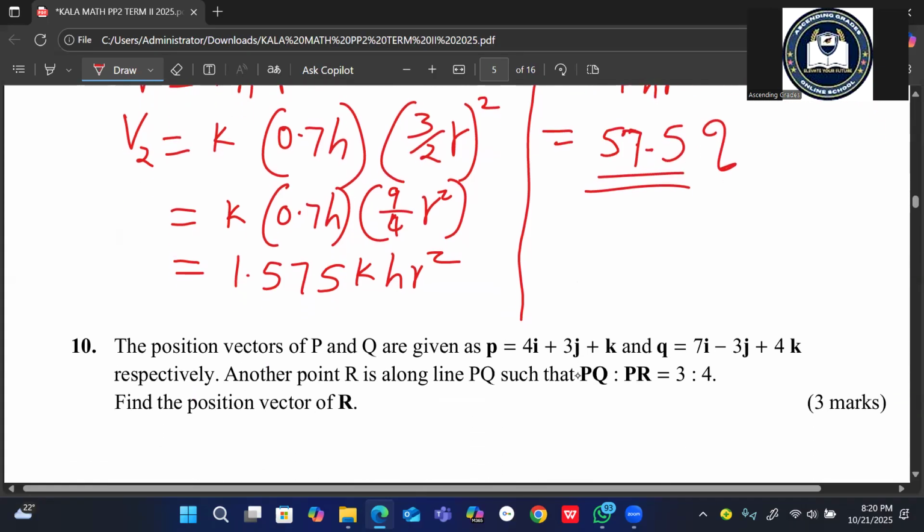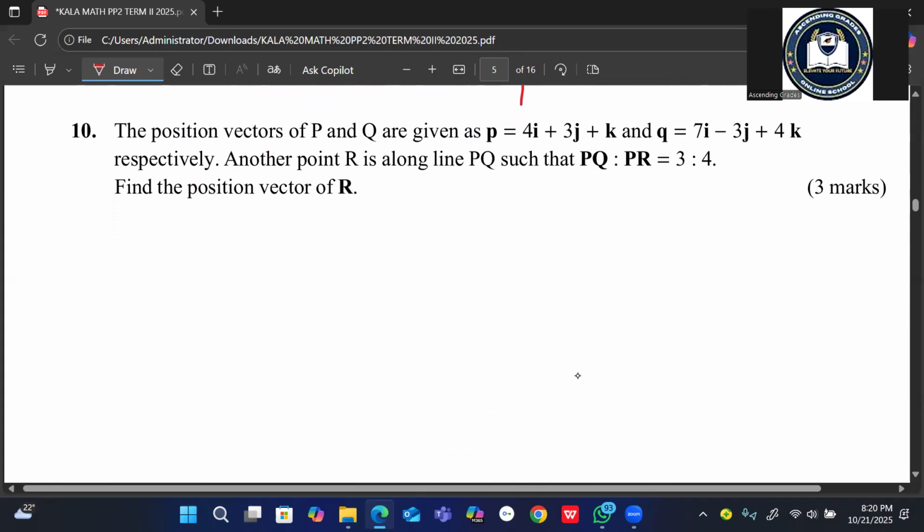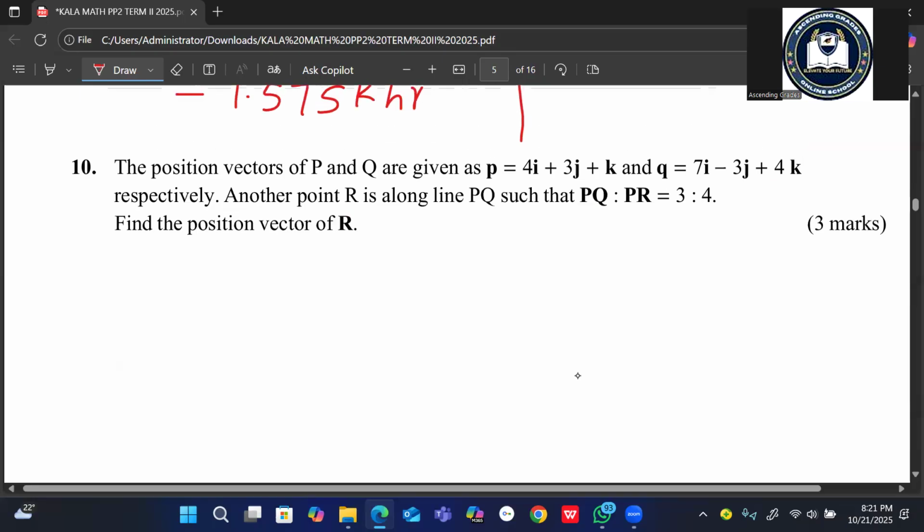From there we go to number 10. The position vectors of P and Q are given as P is equal to 4i plus 3j plus k, and Q is equal to 7i minus 3j plus 4k respectively. Another point R is along line PQ such that PQ is to PR is equal to 3:4. Find the position vector of R. So this one, we have to find PQ.